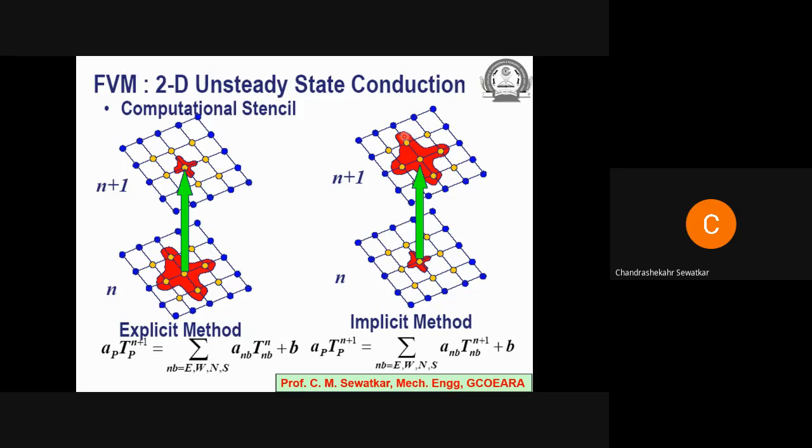But here I can write down, for example in this case, 9 equations and solve those 9 equations simultaneously to obtain the solution at all these 9 points. This is called the implicit method. I hope I am able to make sense.